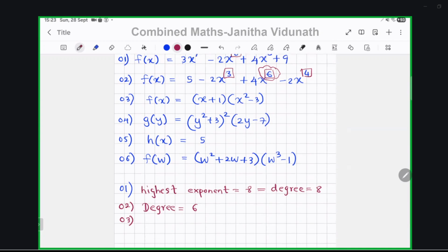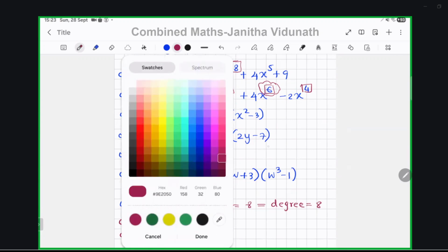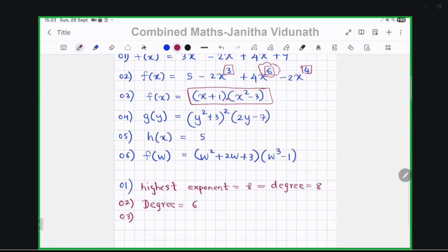Okay. Now the third question. Here this is a multiplication. The only thing we need to find is the highest power of the variable. Then we can think we need to simplify those brackets to get the final answer. But here f(x) is equal to x plus 1 times x square minus 3.